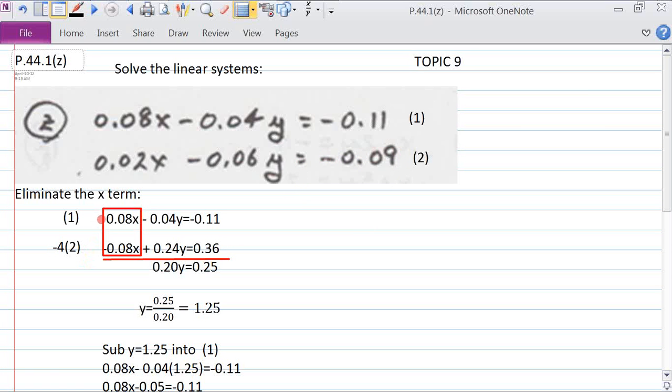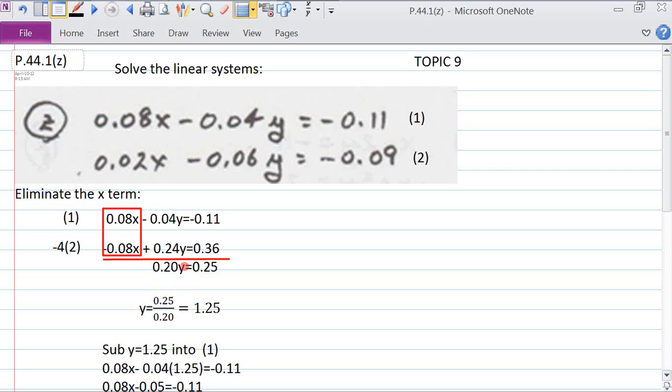So when I add this term and this term together, I get 0 here. I'm not going to put it in. And 0.24y minus 0.4y gives me 0.20y. And now I have minus 0.011 plus 0.36 gives me plus 0.25.